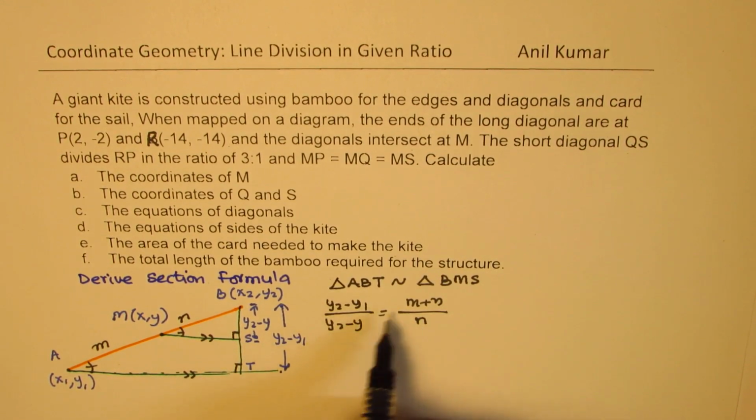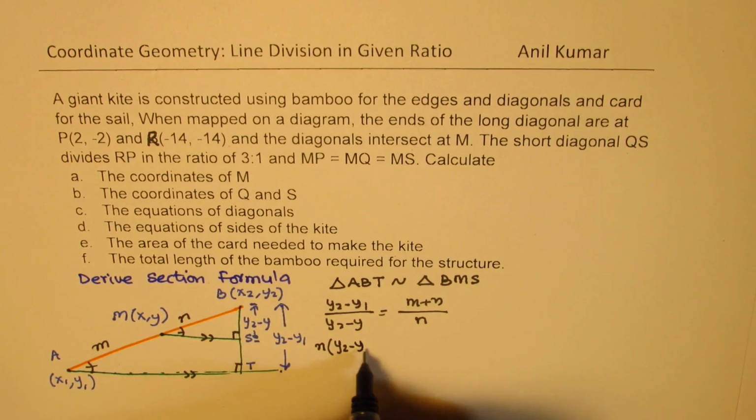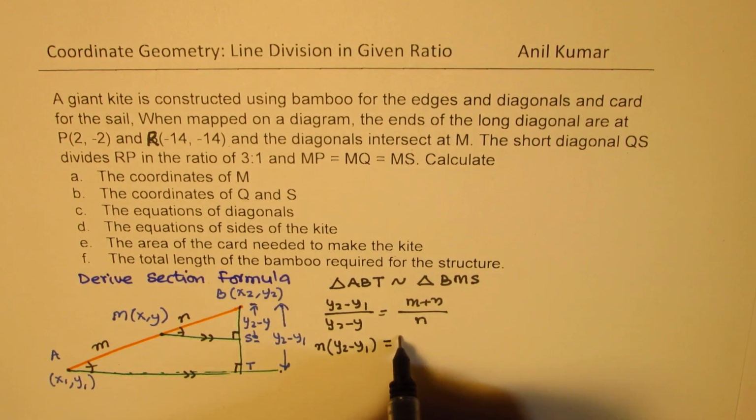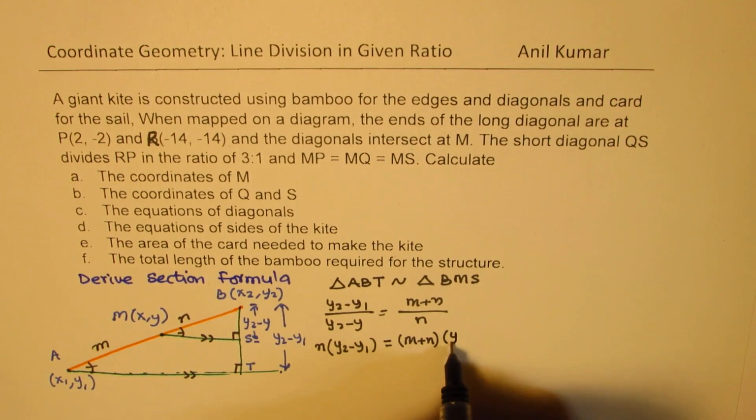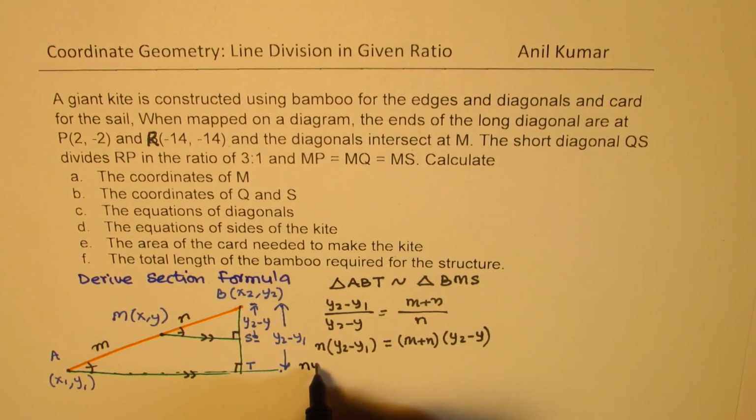We can now cross multiply and isolate y. Perfect. So when we cross multiply, we get n times (y2 minus y1) equals (m plus n) times (y2 minus y). So let's open this bracket. We have n times y2 minus n times y1.